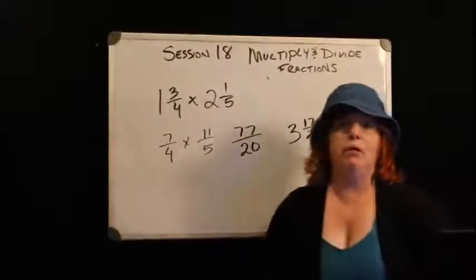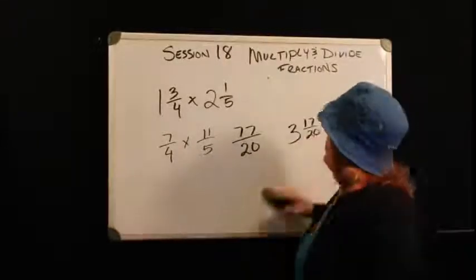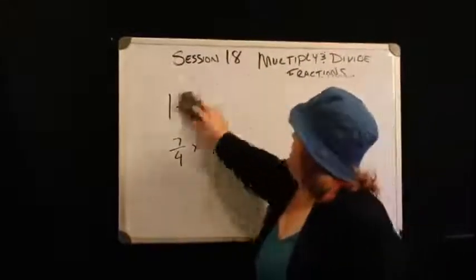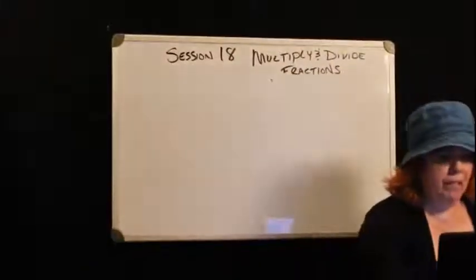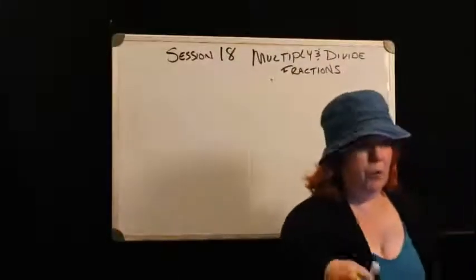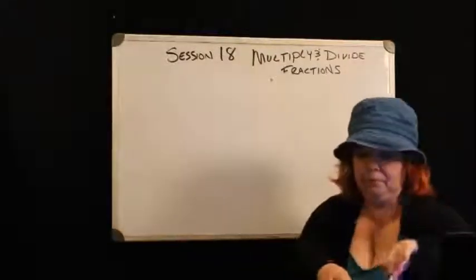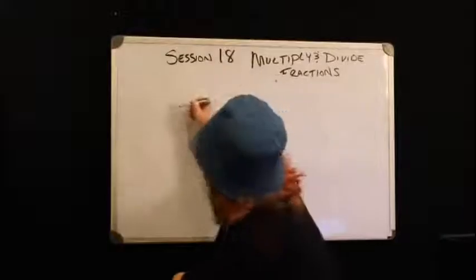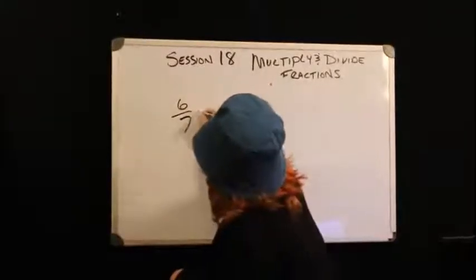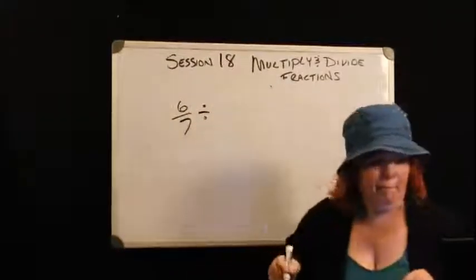Okay, so let's go into our dividing. Dividing is just as easy, except there's just one extra step. So, dividing, we have 6/7 divided by 1/2.